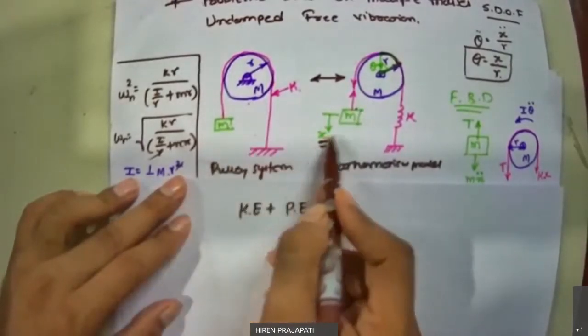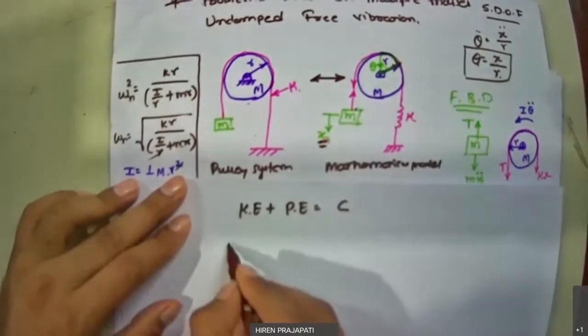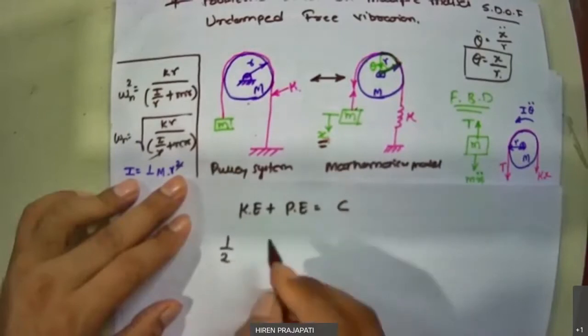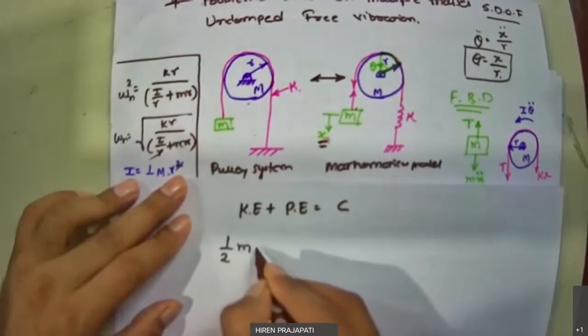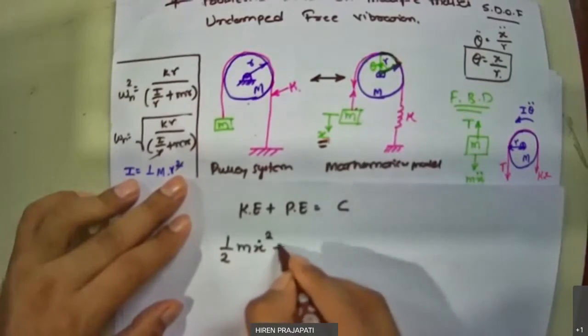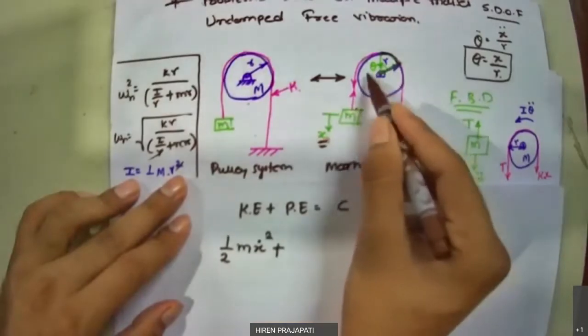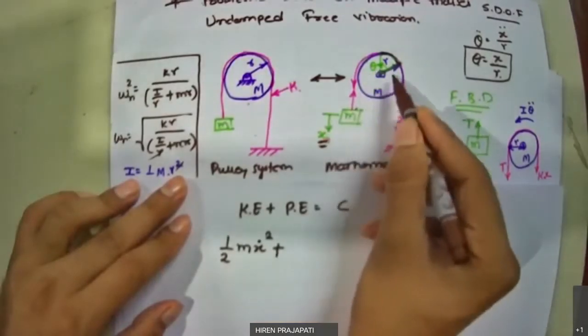So I consider this small m is displaced by x distance, then the kinetic energy of the linear mass is 1 half m x dot square, velocity square, right? Plus now the rotating kinetic energy of this circular disc.